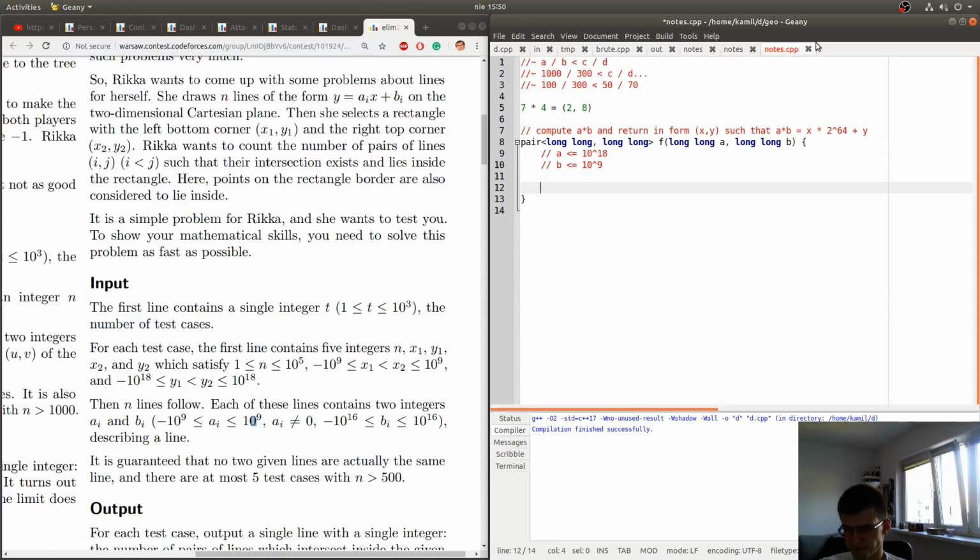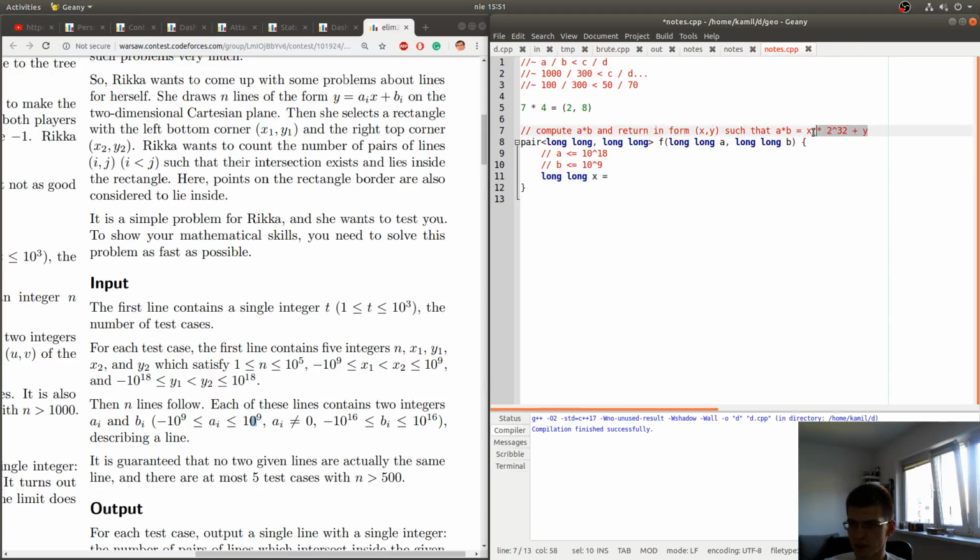Okay, so what to do here? Actually, let's use a bit smaller base, because otherwise we would not be able to do any multiplication here. And let's create what we want to return.